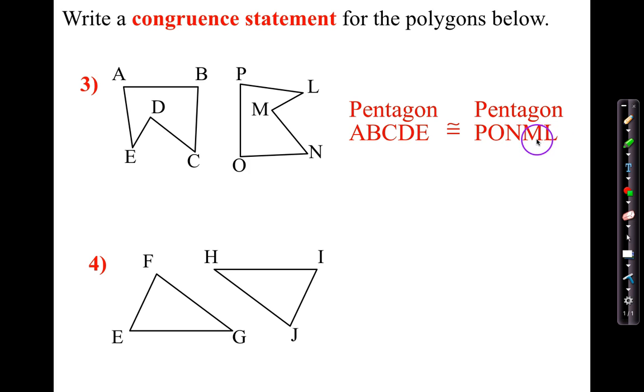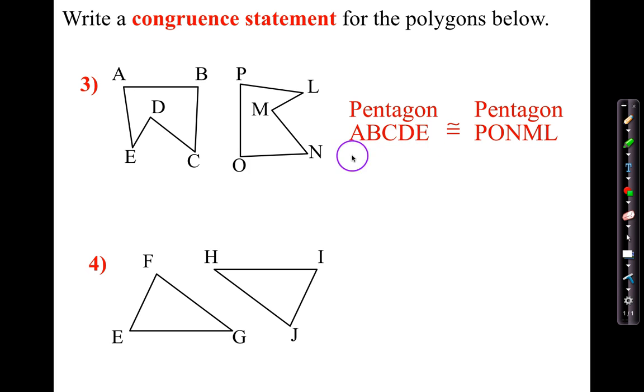Now, is it possible that you came up with a different answer? Absolutely. You might have started with a different variable. Maybe instead of starting with A, you started with a C. Hopefully you still recognize that it's going to be in the same order.